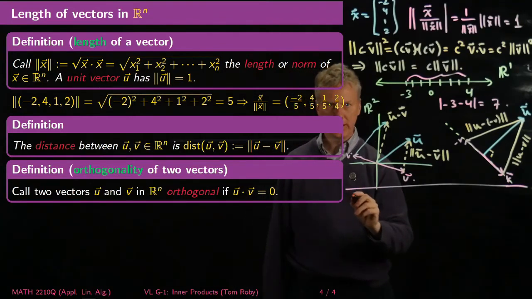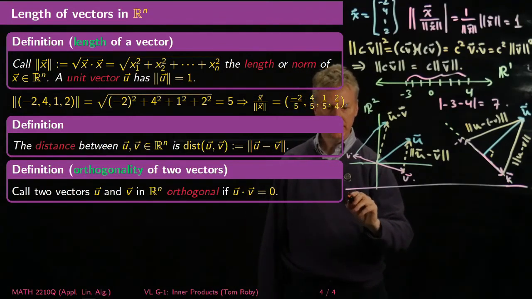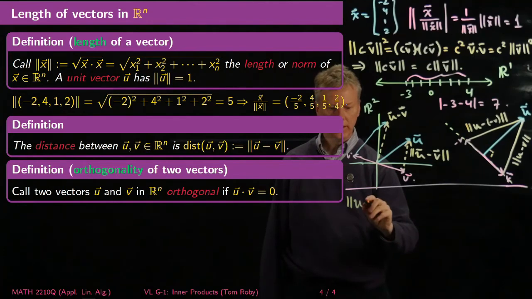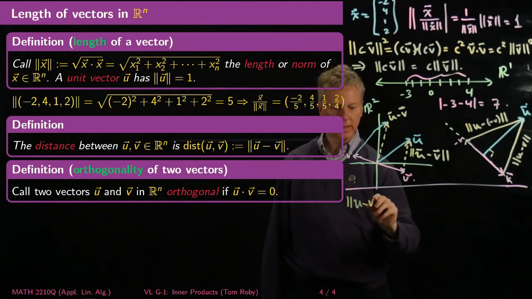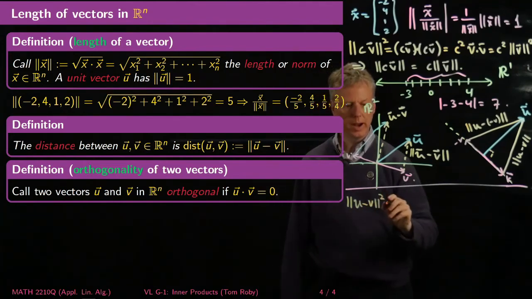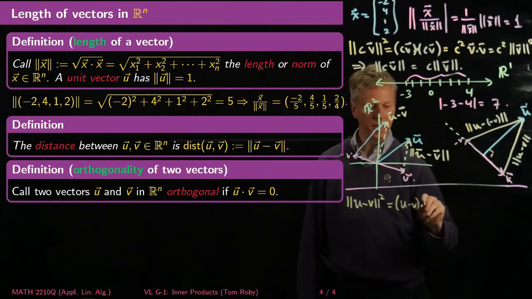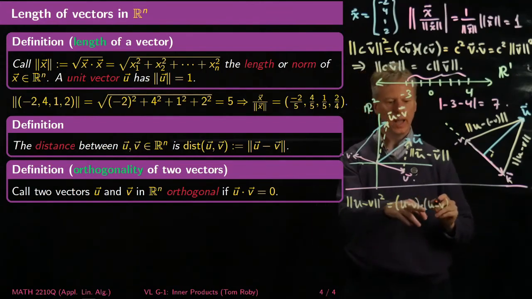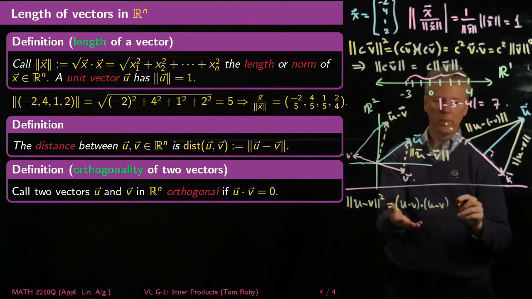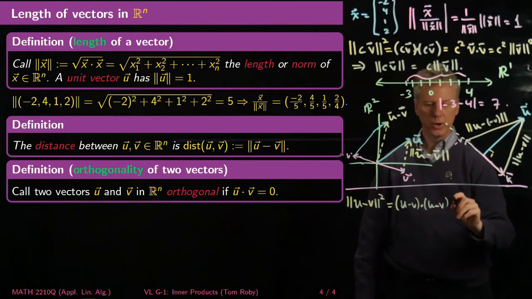So here's my computation. If I compute the norm of u minus v squared, well, that just means u minus v dot u minus v. And now the distributive property tells me that I just get 4 terms here.